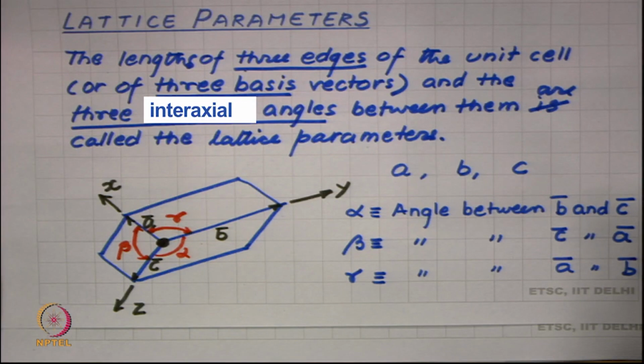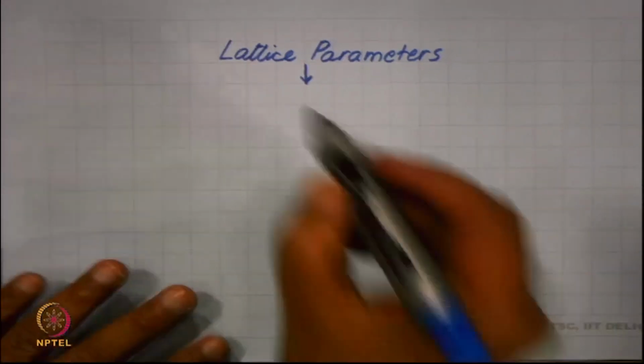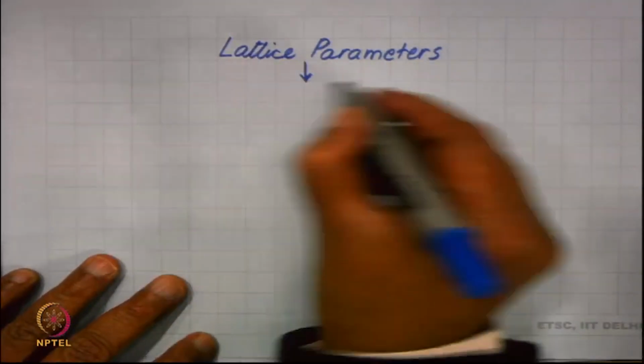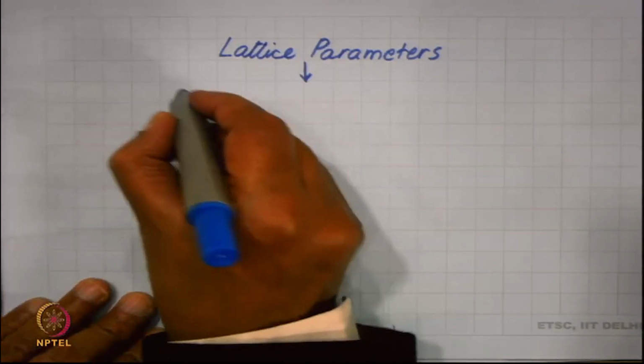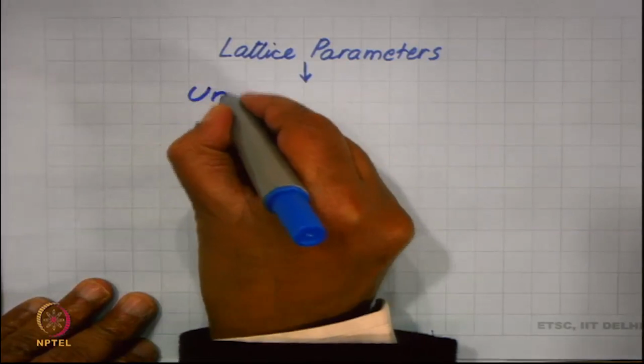Alpha is always taken to be the angle between B and C, and so on. Once these 6 numbers are given, we have the complete description of the so called lattice parameters of the crystal, which means if we are given the lattice parameters, then we can construct the unit cell of the crystal.